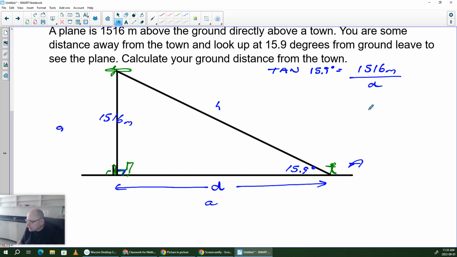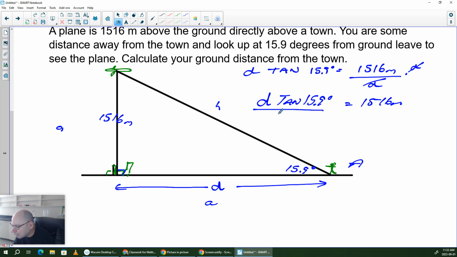So to get that distance, we're going to have to multiply by D on both sides. So we got D times the tan of 15.9 degrees equals 1516 meters, if we cancel those D's out. Okay, and then we're going to have to divide by the tan 15.9 on both sides.